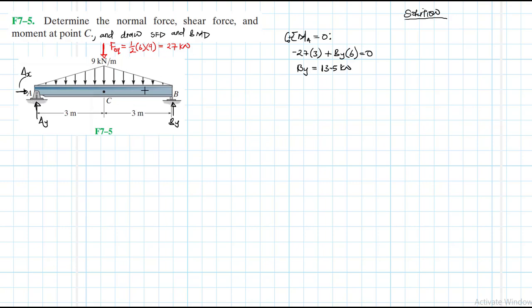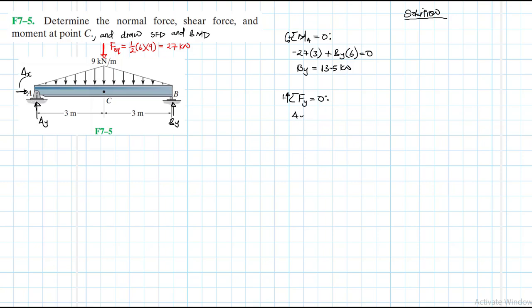And then when we look at this beam, there is symmetry both in the geometry as well as the loading, and this makes the problem much simpler. So we have BY equal to 13.5. We expect AY also to be 13.5, right? So summation of forces in the y direction equal to 0.